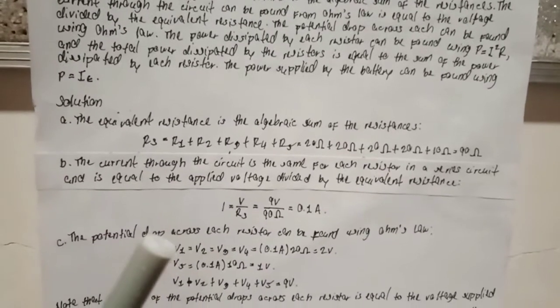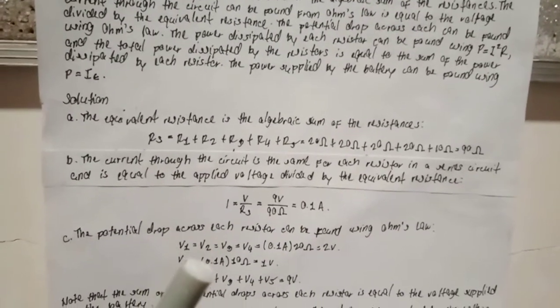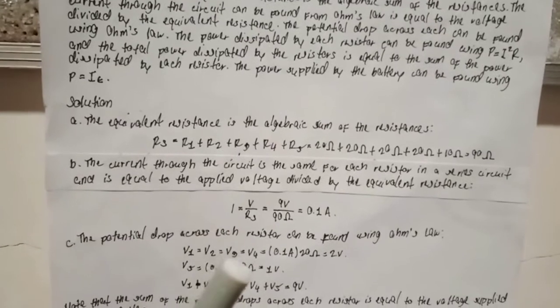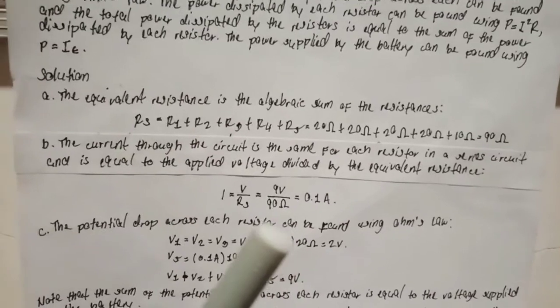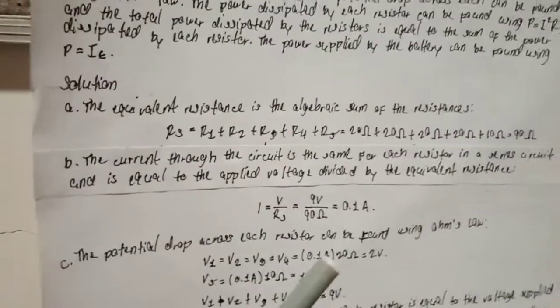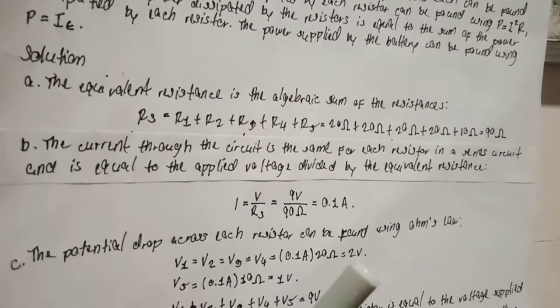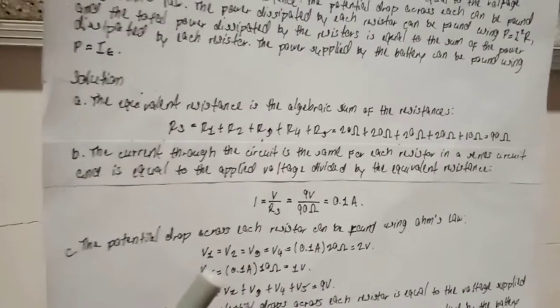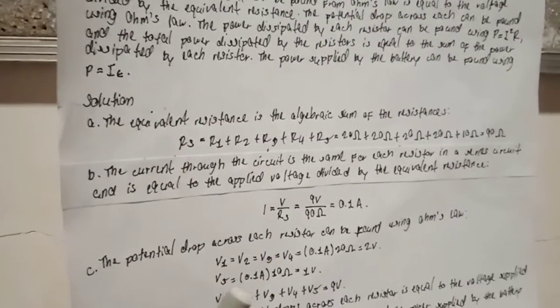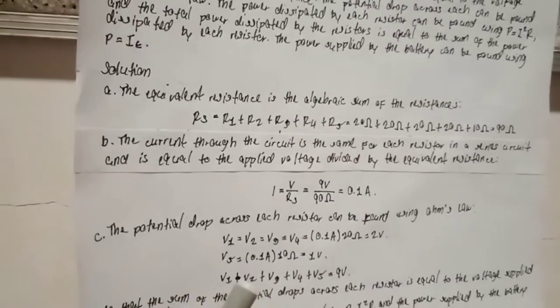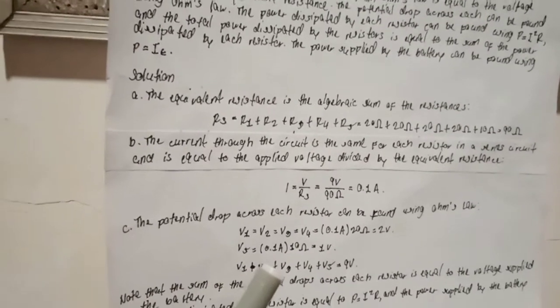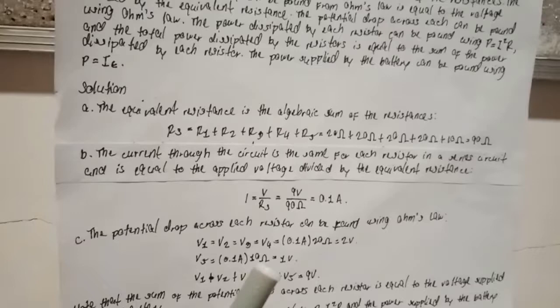V sub 1 is equal to V sub 2 is equal to V sub 3 is equal to V sub 4, which is equal to 0.1 ampere multiplied by 20 ohms, which is equivalent to 2 volts, and V sub 5 is equal to 0.1 ampere times 10 ohms, which is equal to 1 volt.